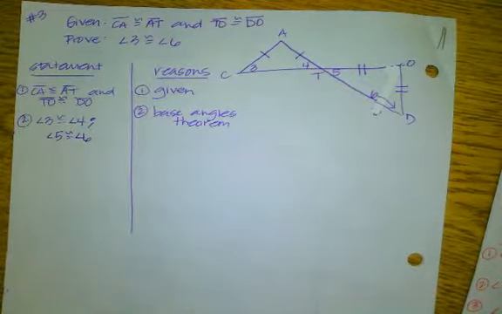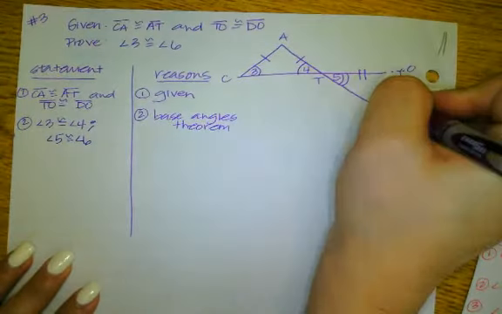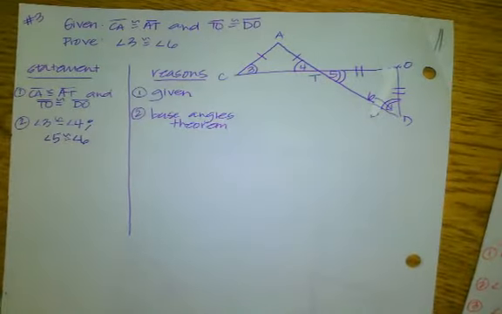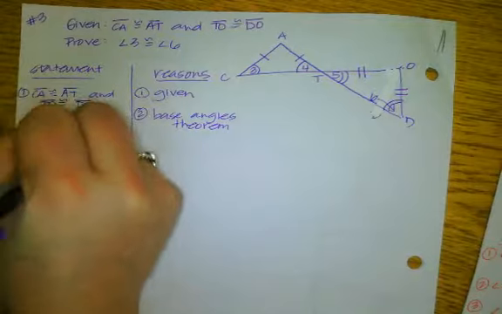So we know that 3 is equal to 4, 5 is equal to 6. Radhika. Very good. 4 is congruent to 5 because of vertical angles.